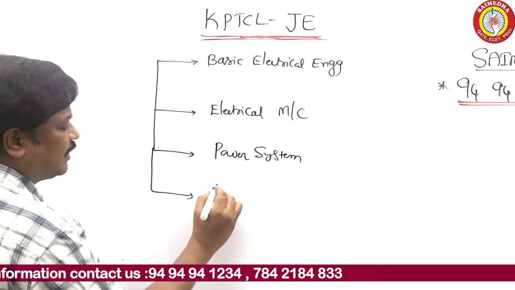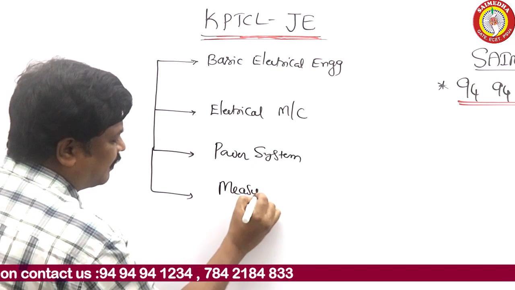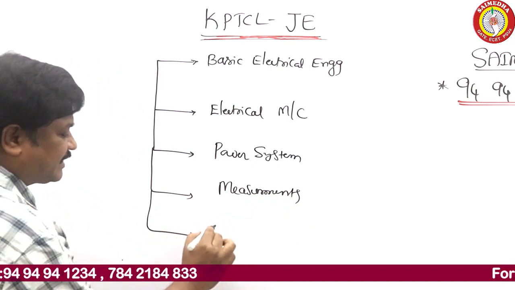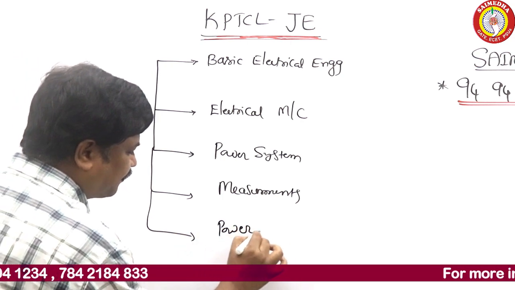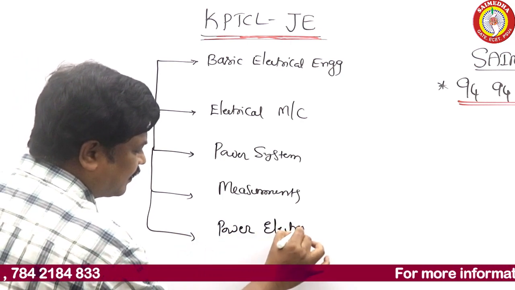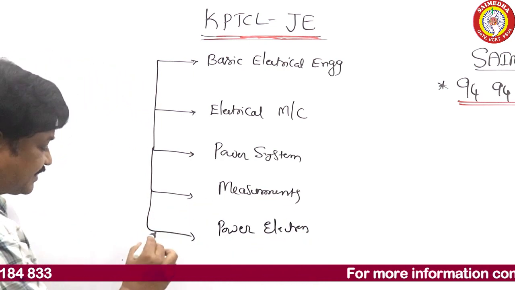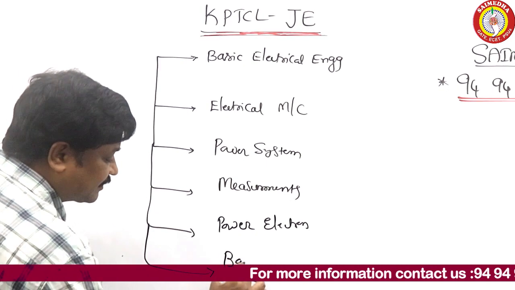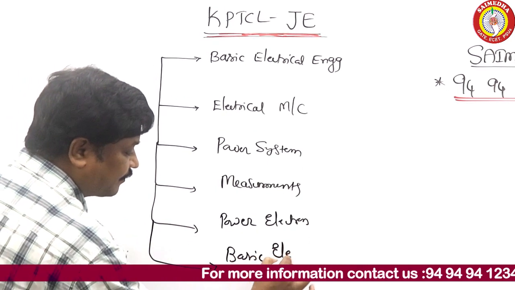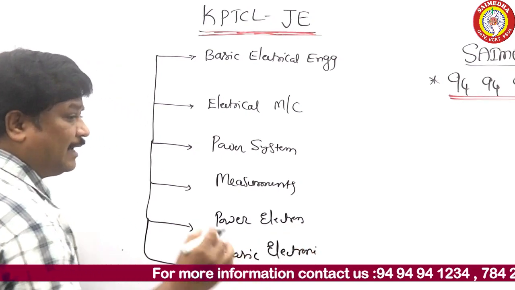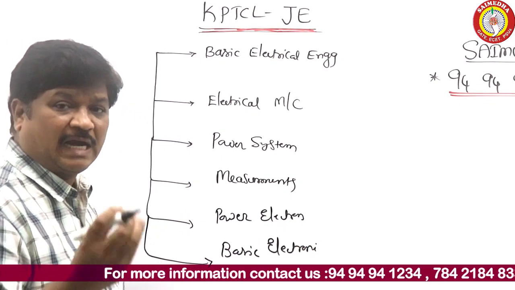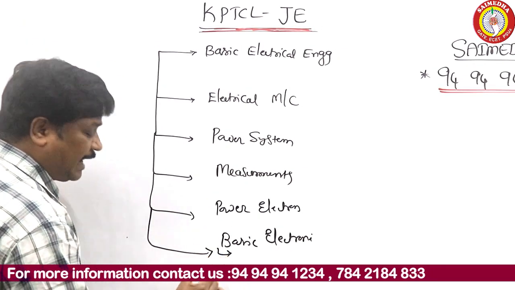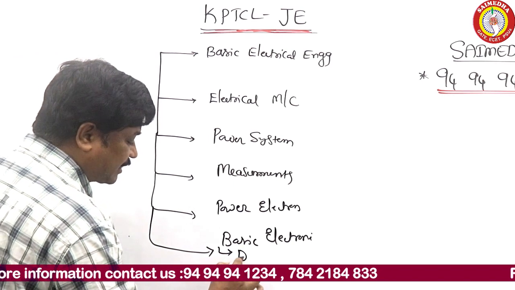The fourth topic is measuring instruments, measurements. The fifth topic is power electronics, or sometimes you may call it industrial electronics. The next subject is basic electronics, or electronic devices and circuits. And the last one, one more is digital electronics.